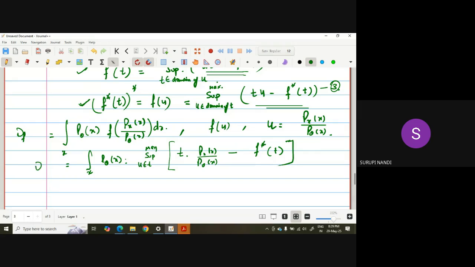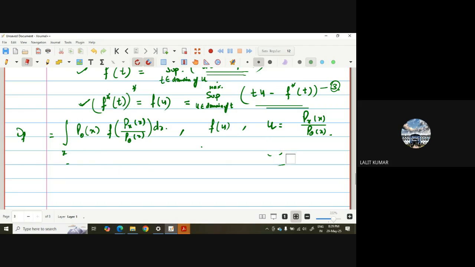What did you do in the last step? Can you explain one more time? Okay, just hold on. If I take, for example, the function f of p_X(x) over p theta of x, this is a convex function. Let's say its first conjugate is f(u).